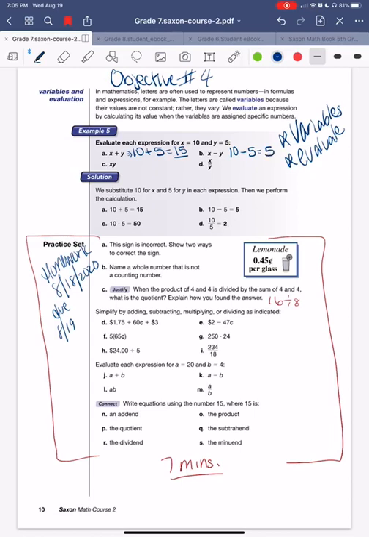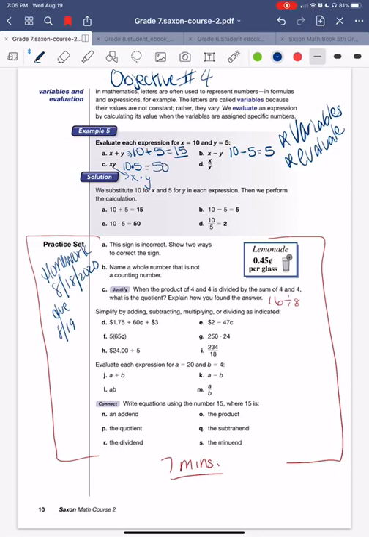C says x and y. X is 10, y is 5. We can't leave it like this because that looks like 105. But ultimately, this is saying the same thing as x times y. So I need to say 10 times 5, which equals 50.